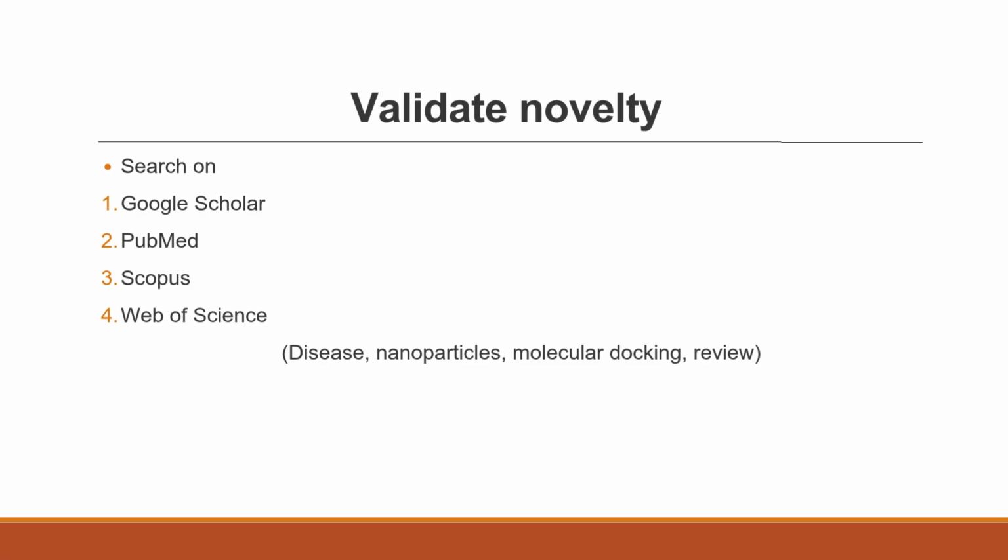We should also check whether the extract has already been studied or not, what experiment model they have used, whether the mechanism of action is already established, and whether similar formulations or approaches are already published. So we need to make sure. Patent databases and review articles also help to identify the commercial and the scientific novelty.